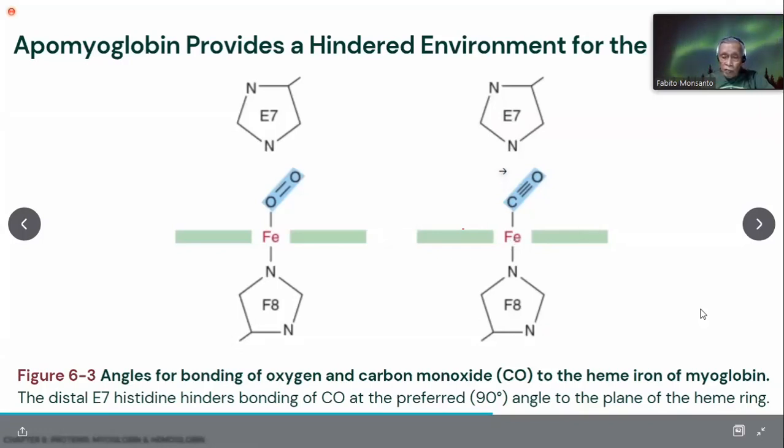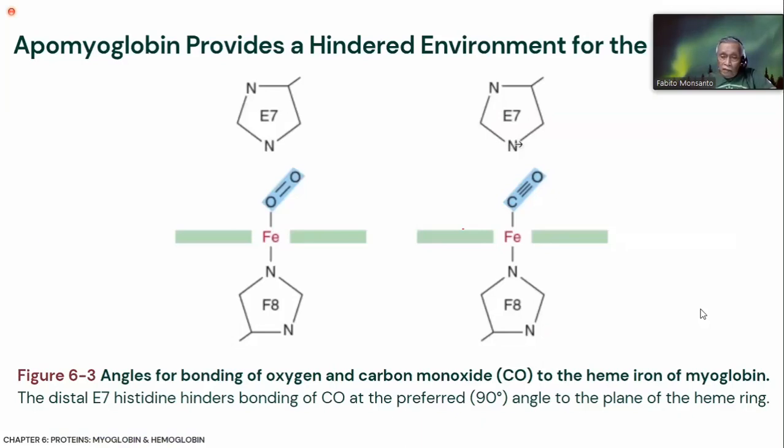If this one is straightened up like that, the binding is 25,000 times stronger than the binding of oxygen to iron. So in order to prevent this, the histidine E7 is right there, so that there will be no 90-degree attachment of your carbon monoxide to the heme. Okay? All right.